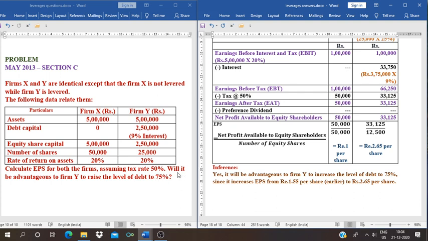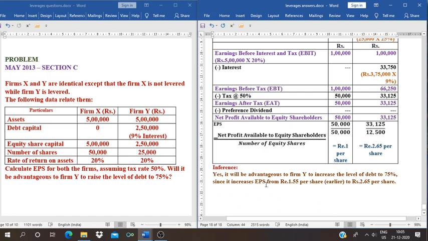What is the conclusion we have to write? Because they have asked us, will it be advantageous? So, we have to say whether it is advantageous to firm Y if they raise the level of debt to 75%. So, that is what I have written here, inference. Yes, it will be advantageous to firm Y. Why is it advantageous to the firm Y?